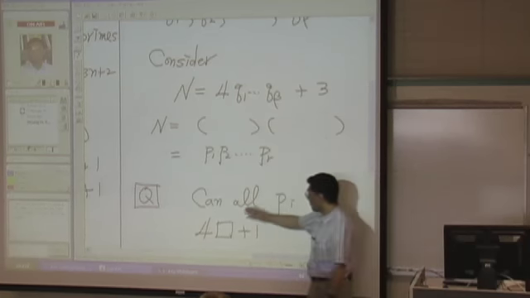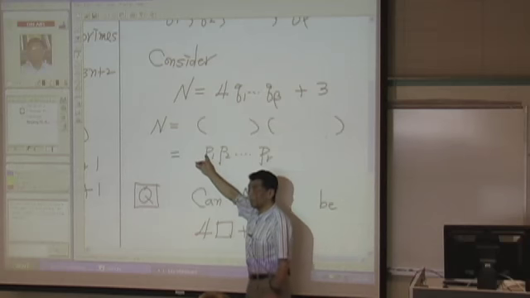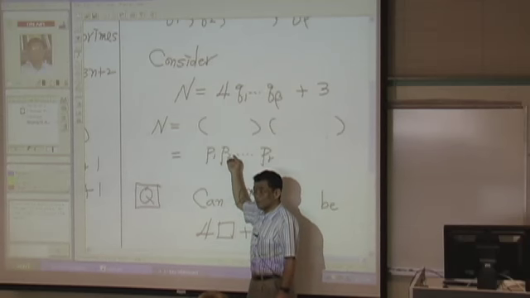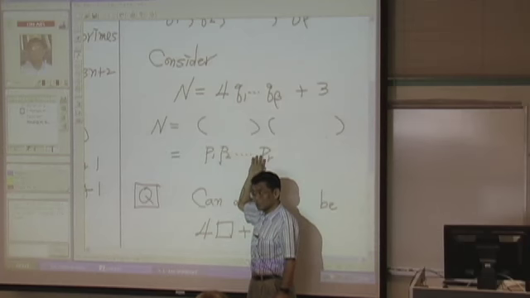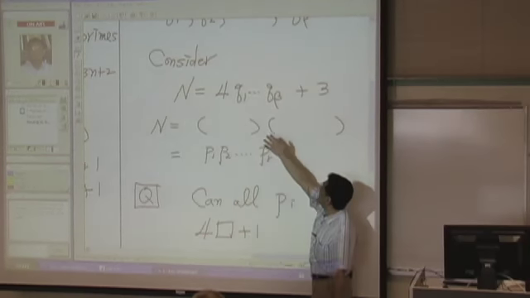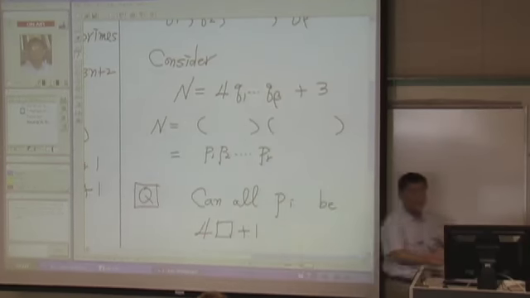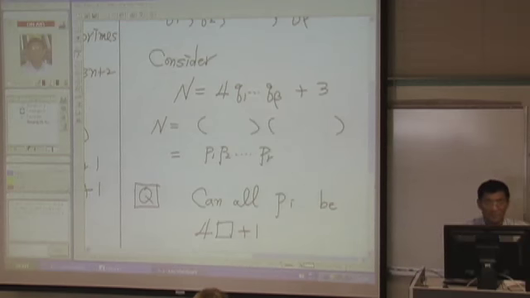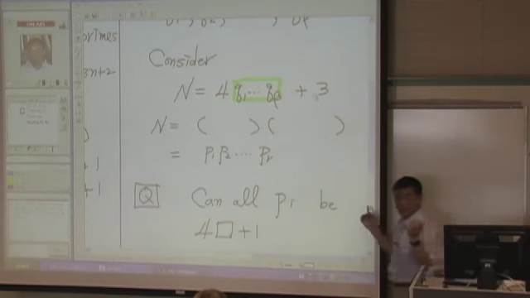If all these are of the 4N plus 1 pattern, then 4N plus 1 multiplied by 4N plus 1 is also 4N plus 1, and it continues. Then it cannot be the 4N plus 3 pattern. Do you follow me?